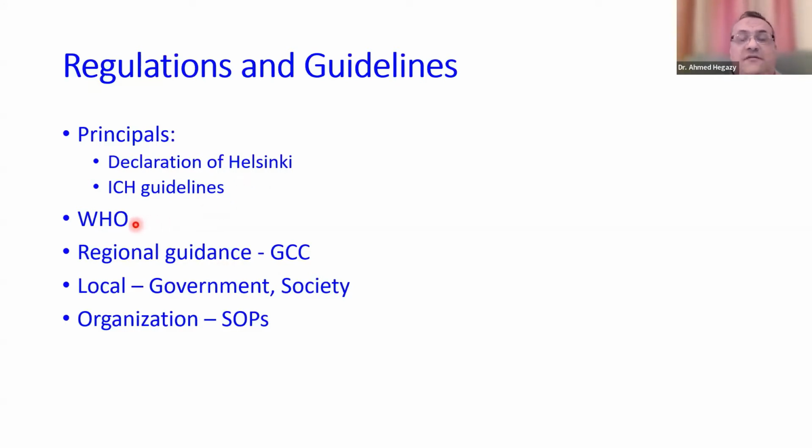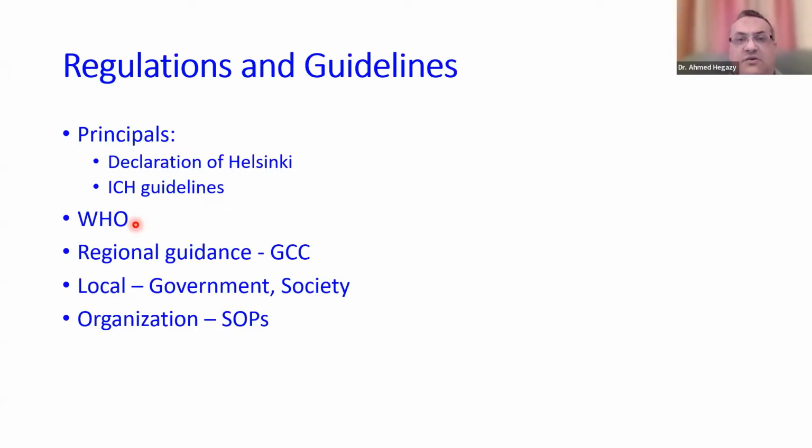The WHO has different standards in quality, management, distribution and storage, including even the WHO GCP, Good Clinical Practice, and other standards. So we have different global principles, standards, and regulations. We also have regional and local guidance.